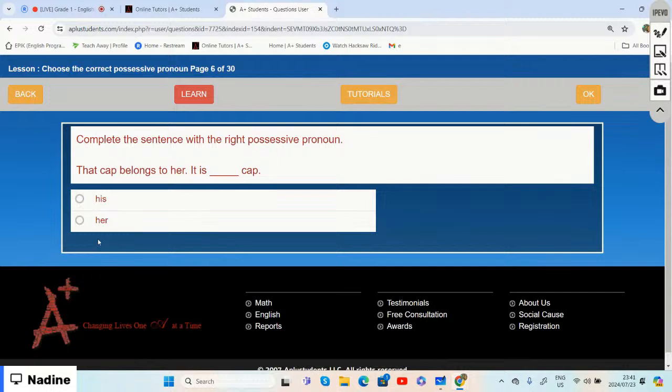All right, so we can say that cap belongs to her. And if that cap belongs to her, we can say that it is her cap, right? It belongs to her, which means that it is her cap.